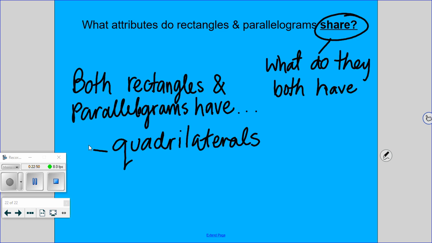Hayden? They both have two sets of parallel sides. They do. Anything else that they both share? Ashlyn? Yeah, they're both polygons.